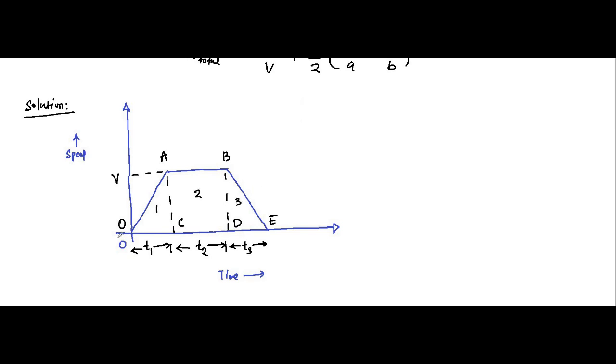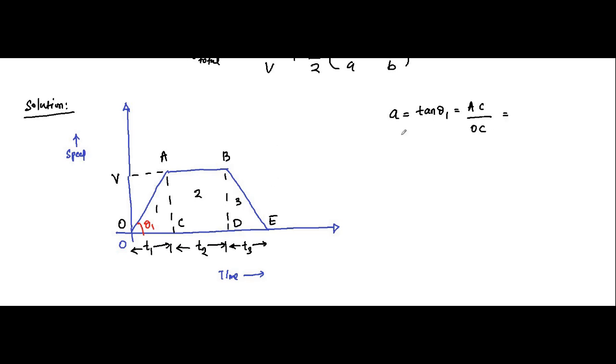Now the initial phase, from OA, the acceleration is a, which is the slope. Let this angle be theta 1. So here the acceleration a in the initial phase is tan theta 1, that is equal to AC by OC.